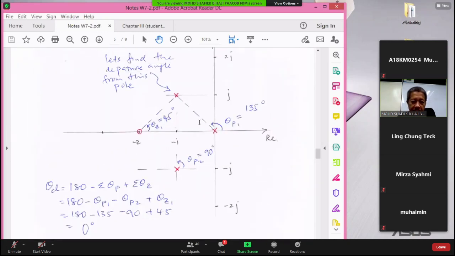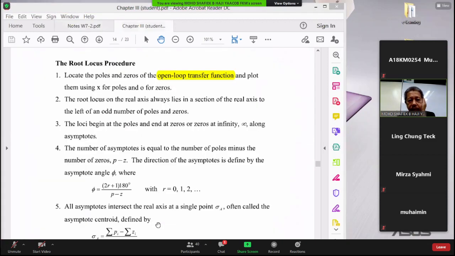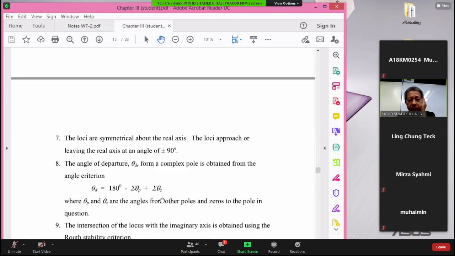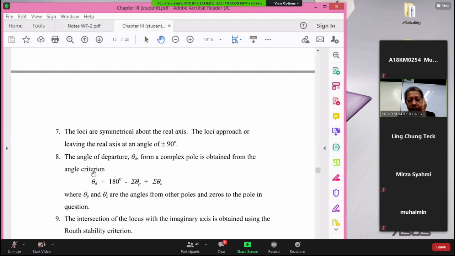And then since we have these two complex poles, we need to determine the departure angle. We can compute the departure angle using this expression: 180 minus the angle from other poles plus the angle from other zeros.